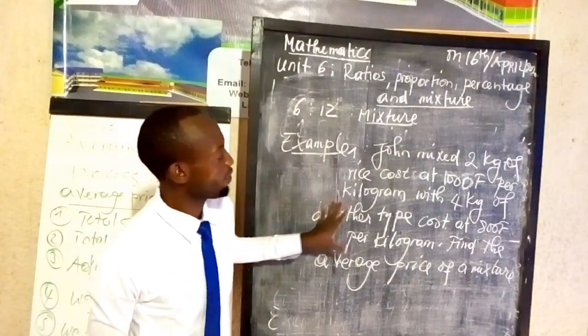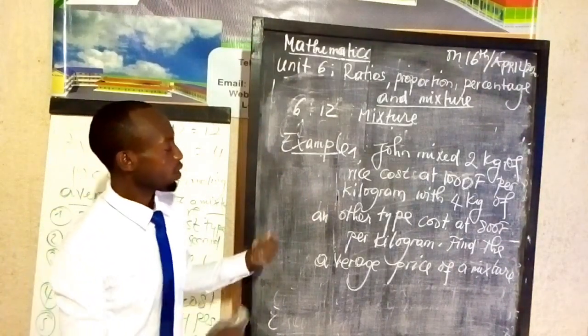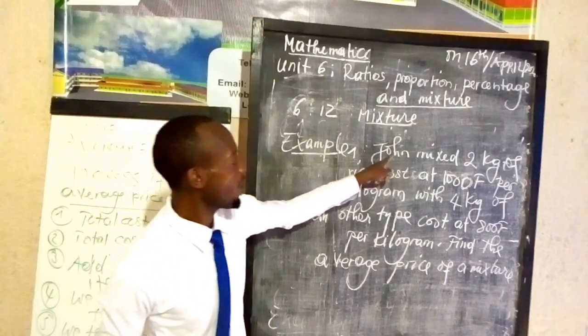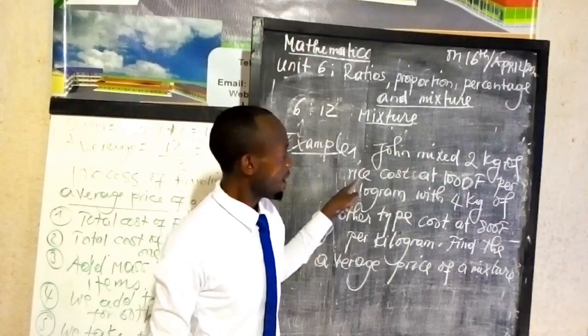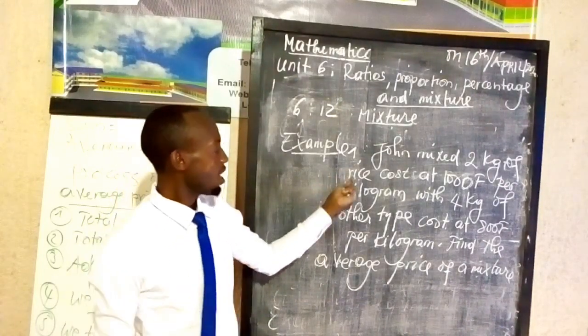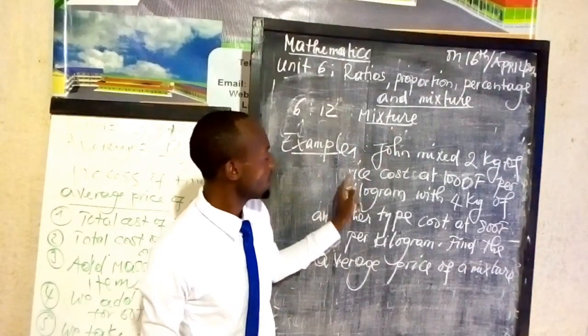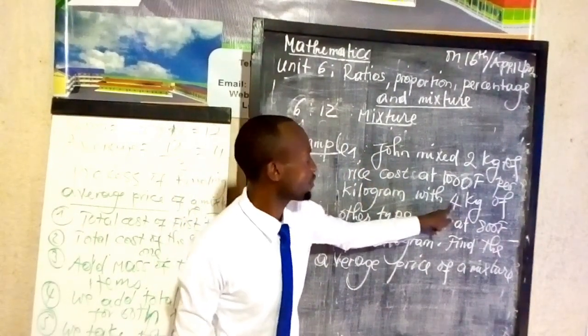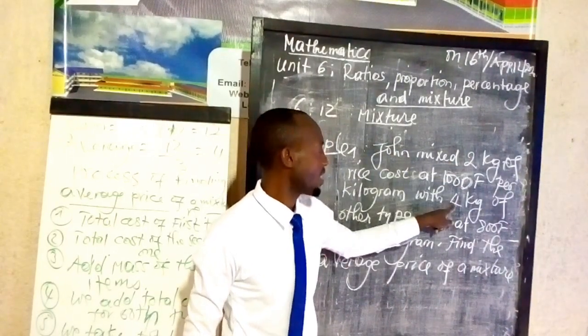As I told you, for getting a mixture you should have 2 different types of quantity. Here we have 2 kilograms of rice, but these 2 kilograms can't make a mixture. The reason is that John mixed these 2 kilograms with 4 kilograms. After mixing, he gets what we call a mixture of rice.